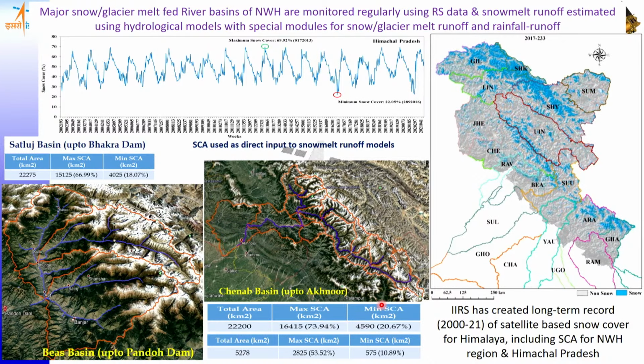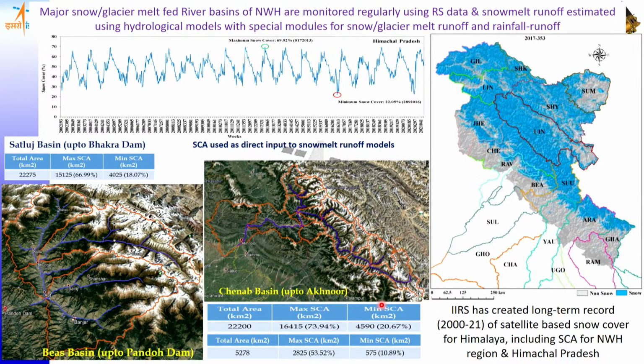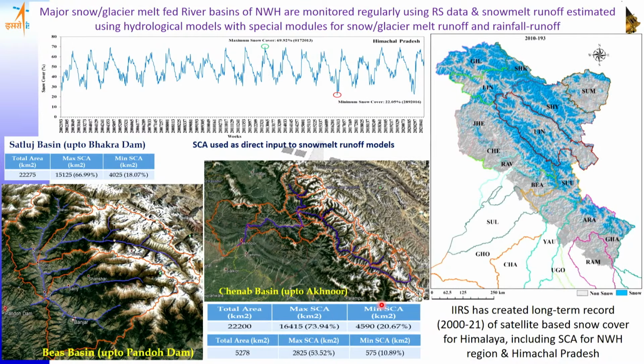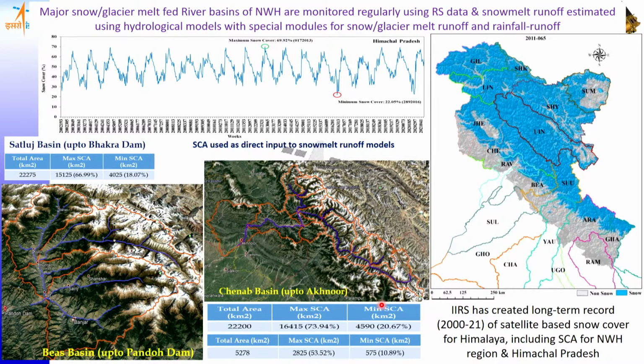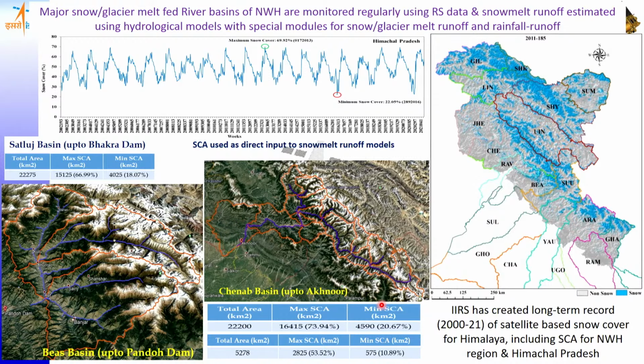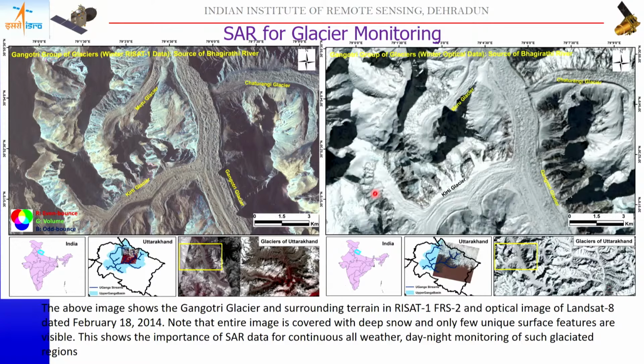So in terms of the water availability, for these headwater streams, the first component which contributes is the snow melt runoff, which constitutes almost 30 to 60%, followed by the glacier melt, rainfall runoff, and the base flow. And we observe this both from the satellite data, which is in the optical domain as well as in the radar domain.